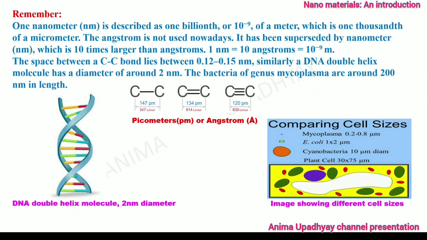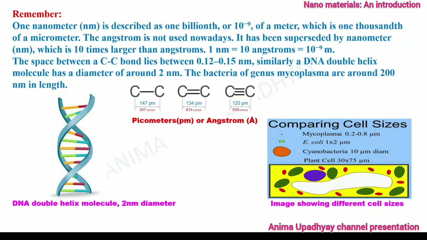Now we should also remember that 1 nanometer is described as 1 billionth, or 10 to the power of minus 9, of a meter, which is 1,000th of a micrometer. That means that a nanometer is smaller than a micrometer. The angstrom is not used nowadays.